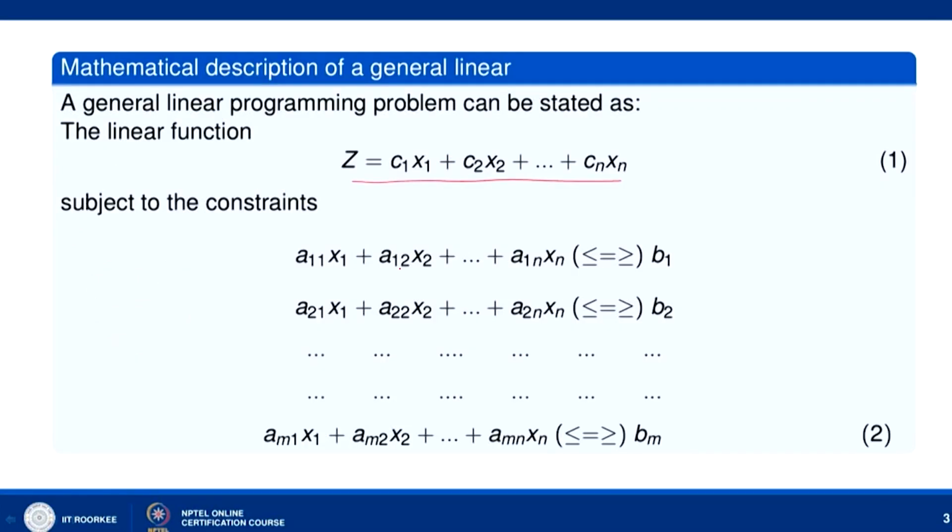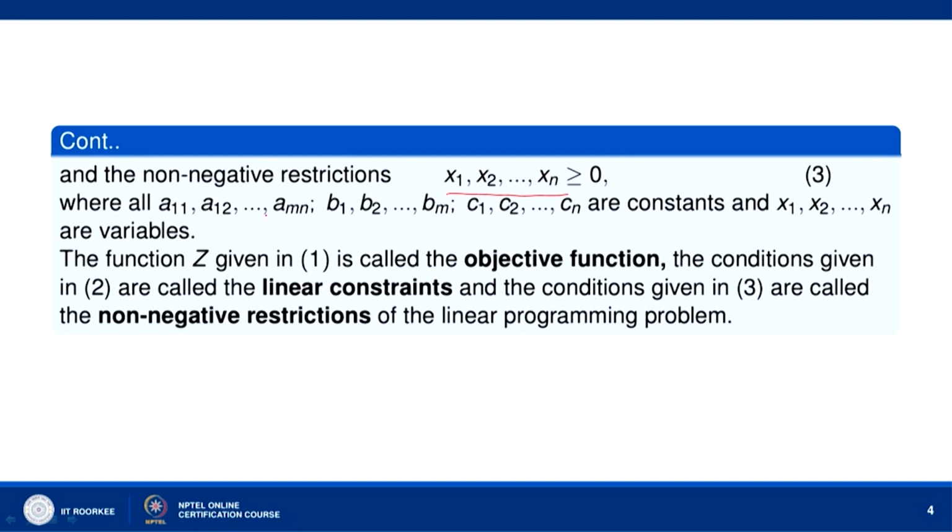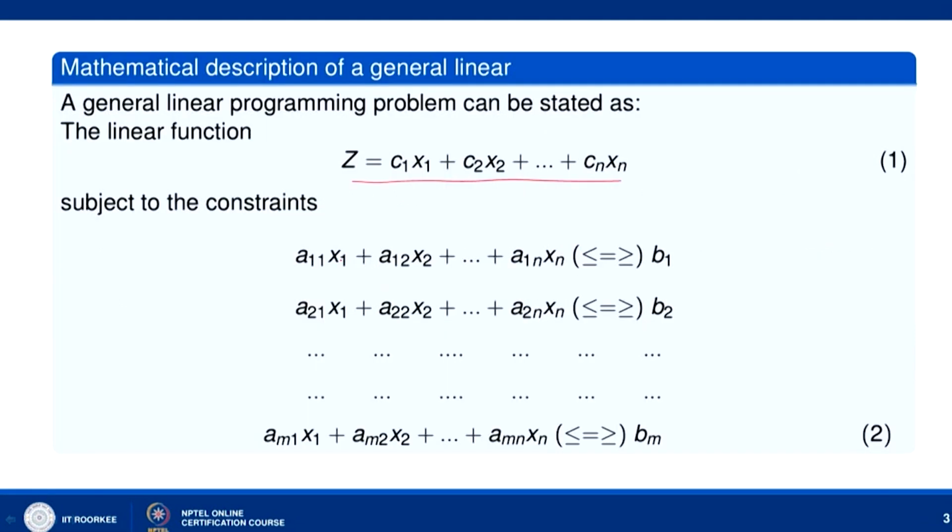Now, these coefficients a11, a12, amn and b1, b2, bm, c1, c2, cn, they are constants. aij, i varies from 1 to m and j varies from 1 to n, they are constants, along with bj where j runs from 1 to m, and ci where i equal to 1 and so on up to n.